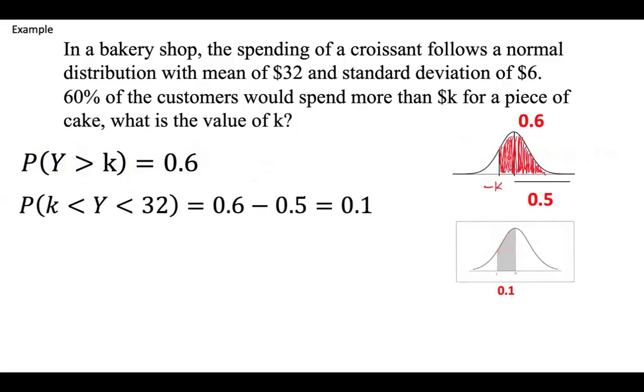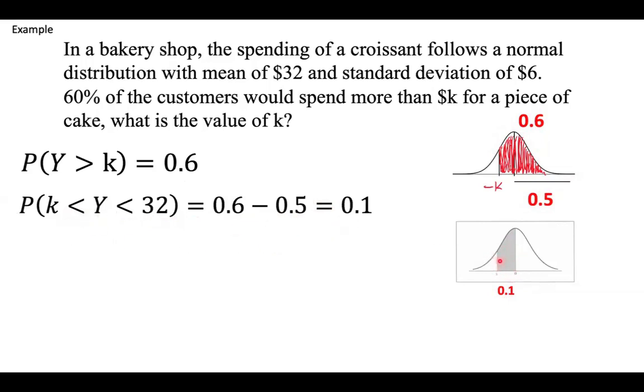It's useless to find out the entire thing because the table doesn't indicate that. So how do we find this little bit? We take the whole area, 60%, 0.6, minus half of that, the 0.5, 50%. Then we're left with 0.1. And this is how you should write out the expression.